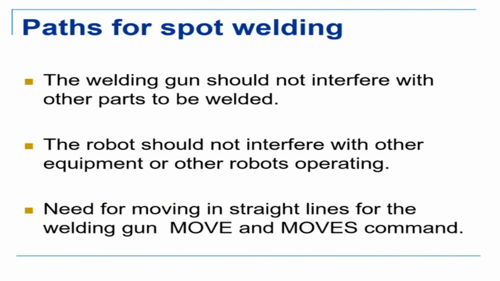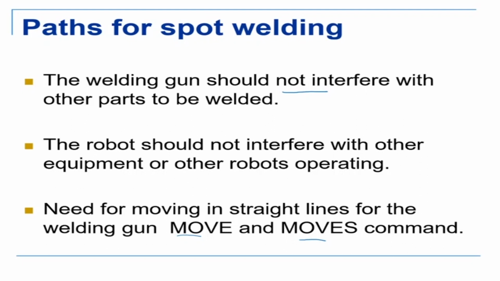In terms of programming, paths for spot welding should not interfere with other parts to be welded. The robot should not interfere with other equipment or other robots, and there is the need for moving in straight lines for the welding gun, so there are the move and moves commands. When we come to the programming part in the next class, we'll talk about the move and moves commands. This is very important, and actually very complex.